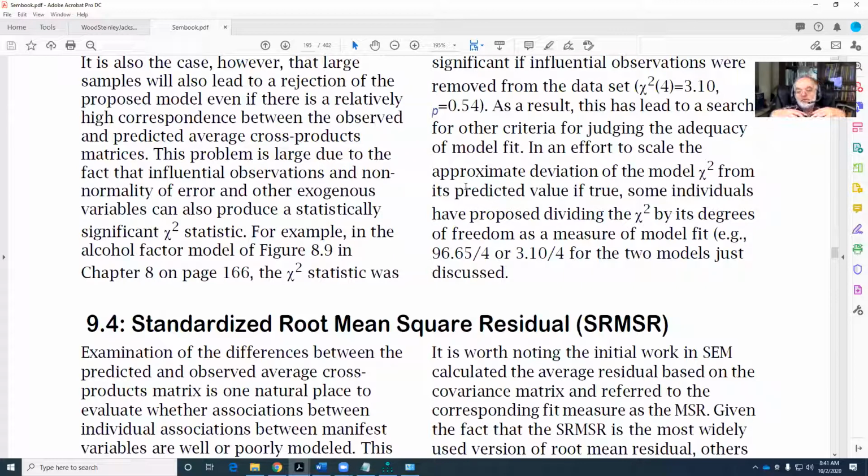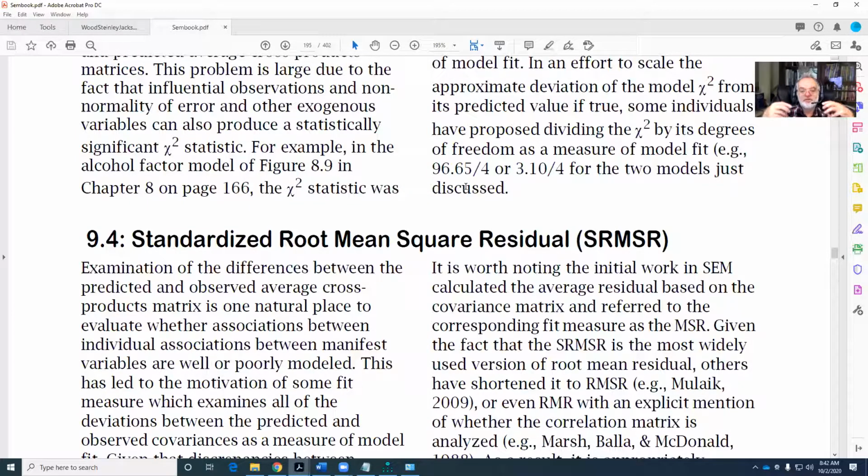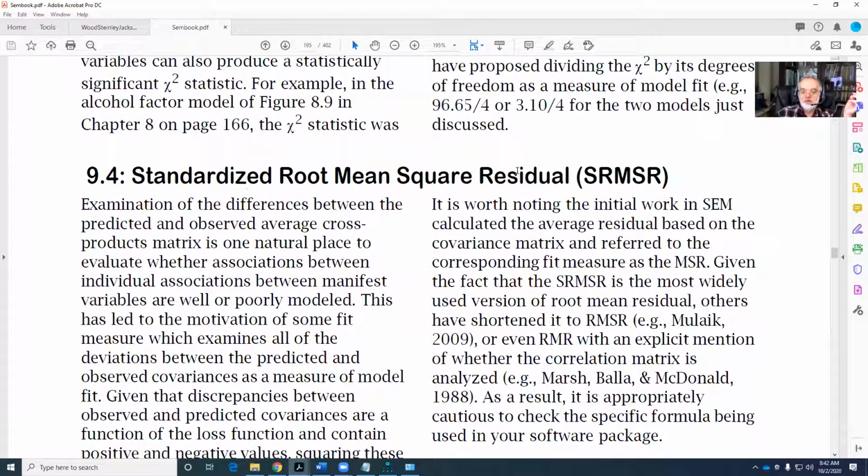What we'll do now is to talk about, we won't get through it all today, but we'll talk about the rationale for various measures of fit. One way of approaching this is the standardized root mean square residual. And we often use this little abbreviation.